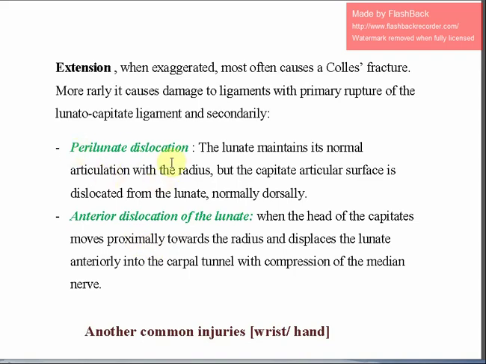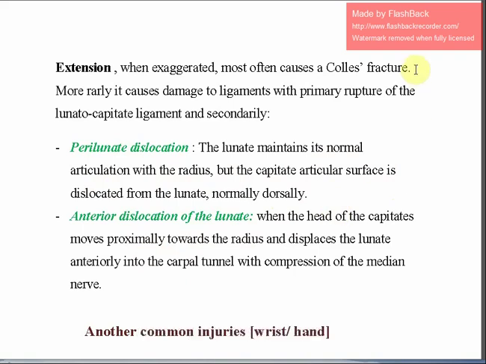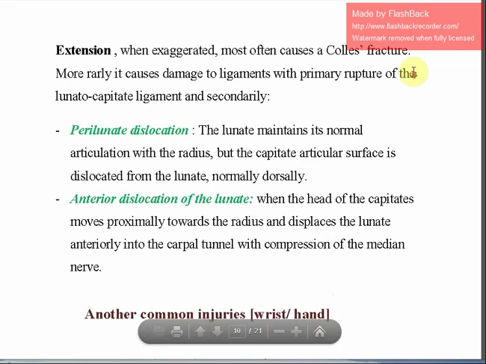In the perilunate dislocation, the lunate maintains its normal articulation with the radius, but the capitate articular surface is dislocated from the lunate, normally dorsally. And in the anterior dislocation of the lunate, the head of the capitate moves proximally towards the radius and displaces the lunate anteriorly into the carpal tunnel with compression of the median nerve.